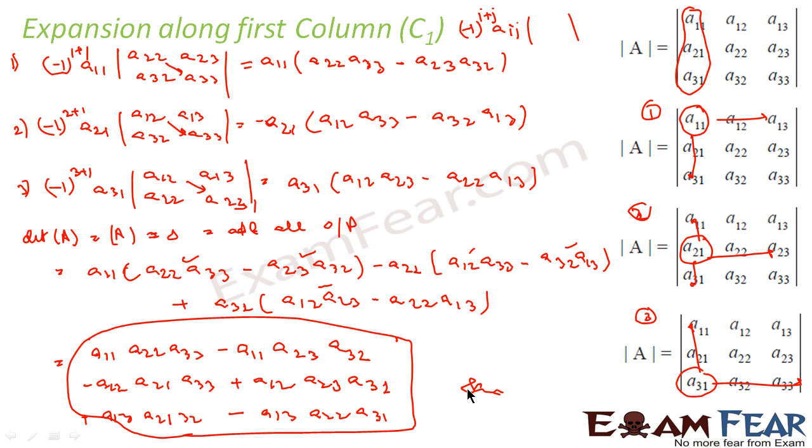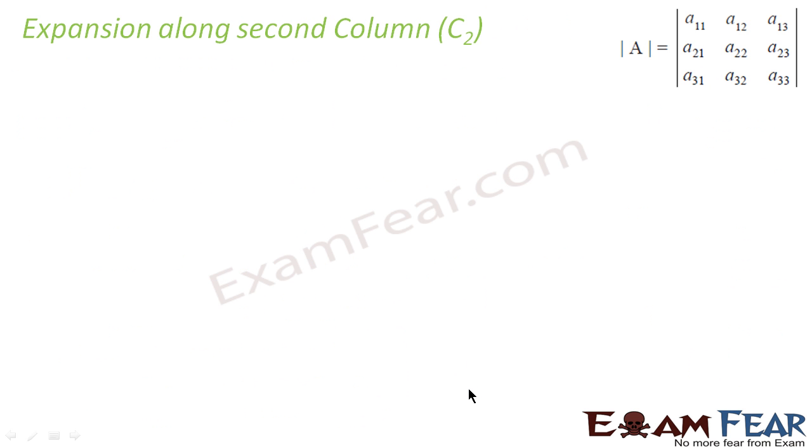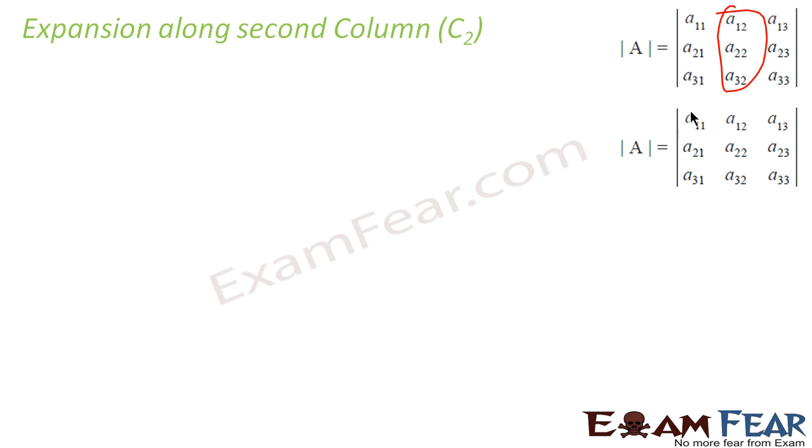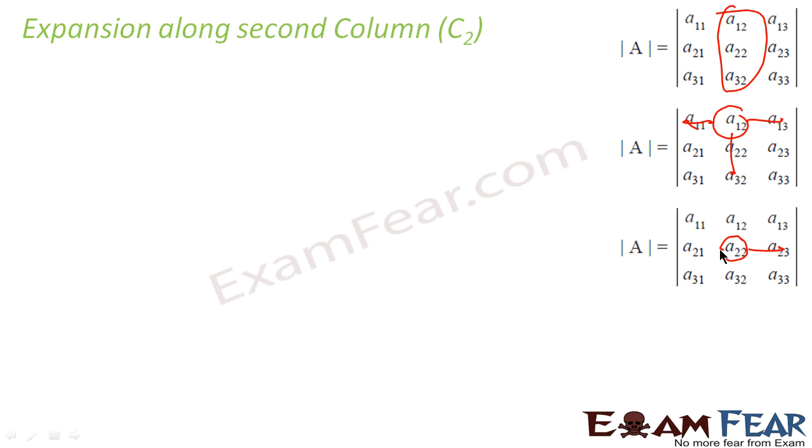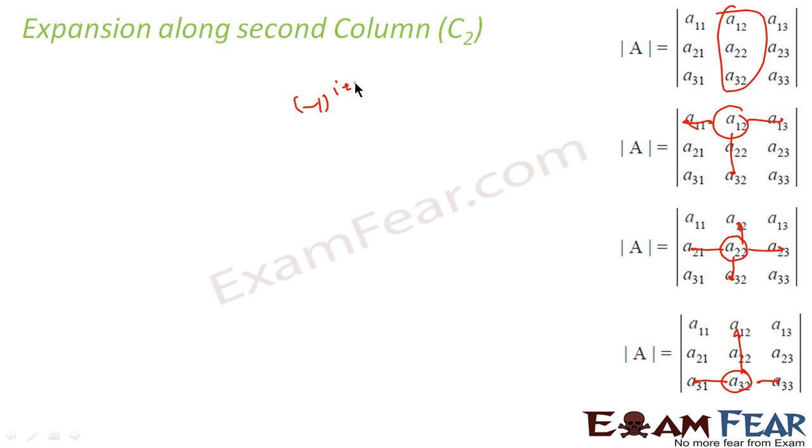Similarly, for expanding using the second column, you select the second column, then select the first element and remove the other elements, select the second element and remove other elements, select the third element and remove other elements. Use the same formula, minus 1 to the power i plus j, a_ij, and this matrix.